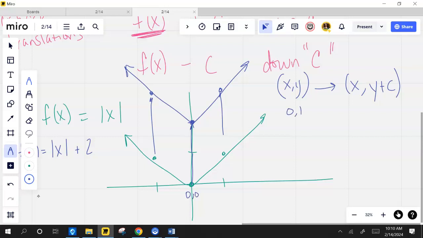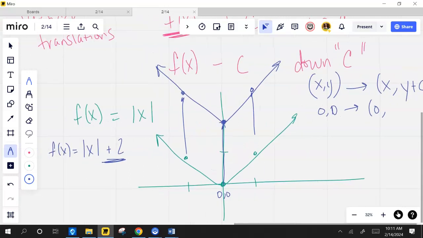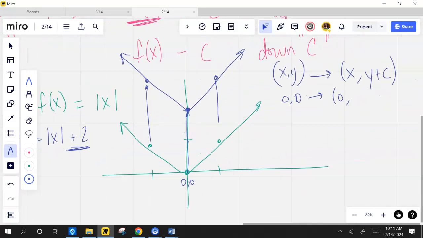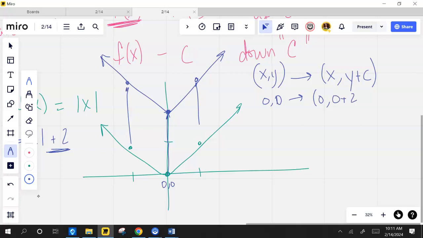So I started with 0, 0. My new point after I do this is going to be 0, what was my c? Look in that blue equation. 2. So that point becomes 0, 2. It's just showing you how to actually algebraically find the points rather than just sliding them.